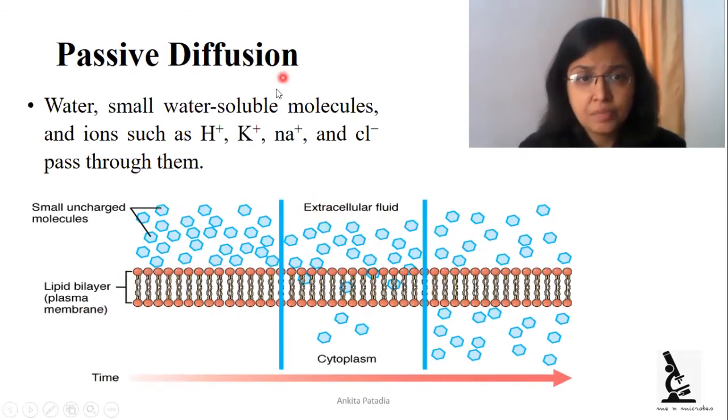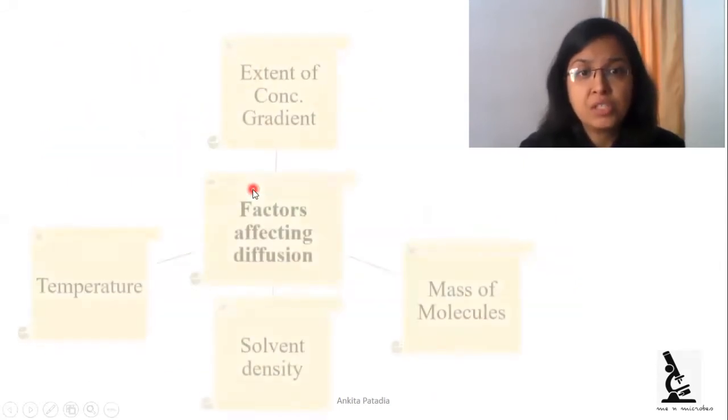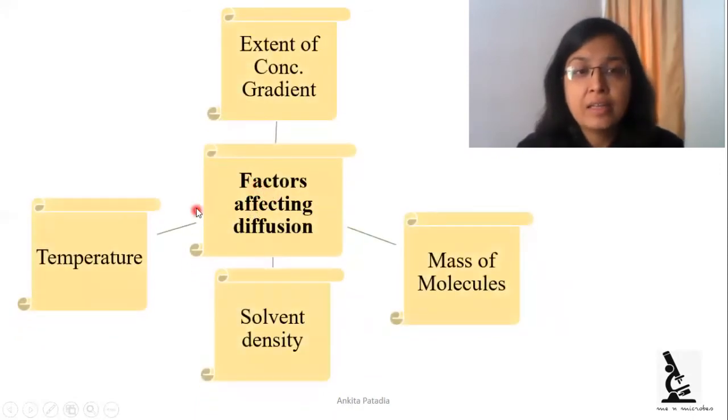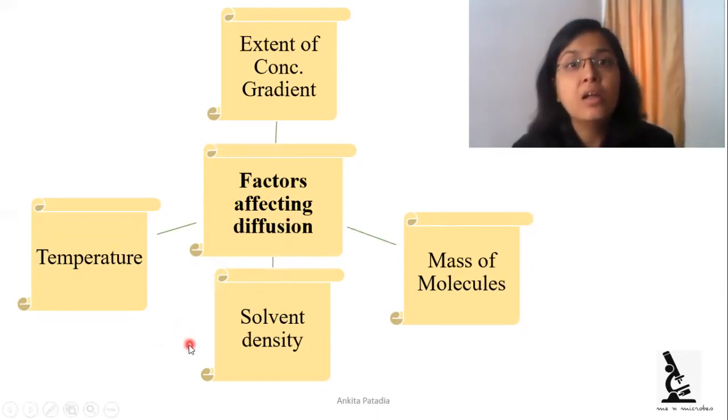Time directly affects the diffusion process, and other factors also affect it. Temperature: if the temperature is high, the rate of passive diffusion is high. Solvent density: if the solvent is very dense, then passive diffusion becomes slow. Another factor is the mass of molecules.